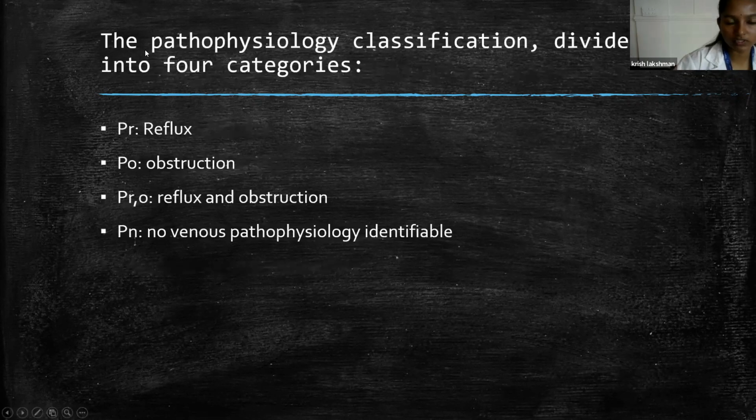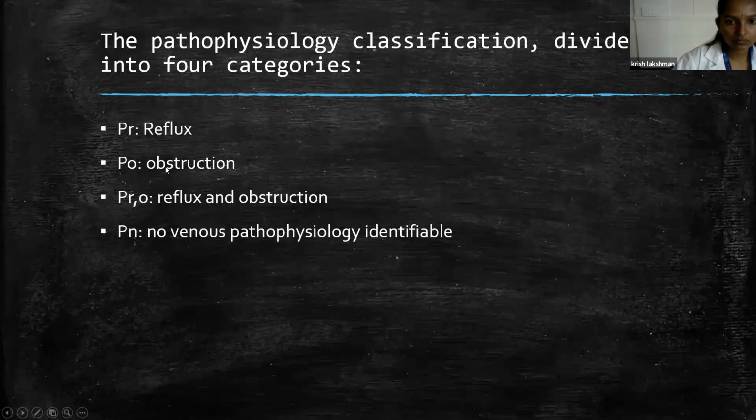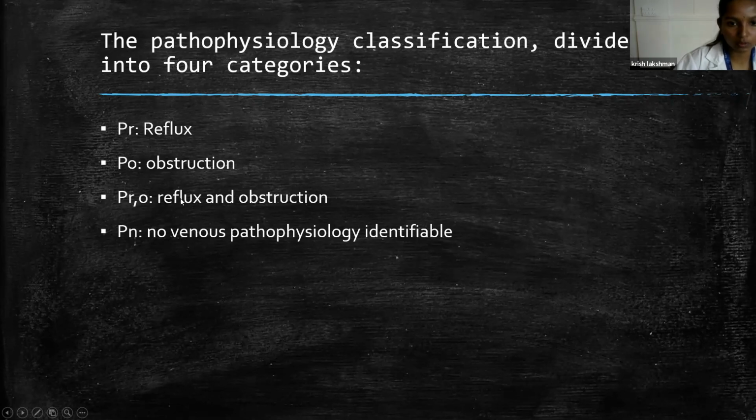The pathophysiology is classified in four categories: either reflux due to valvular incompetence, or obstruction due to the presence of an abdominal mass or deep vein thrombosis, or both, or no pathophysiology identifiable.